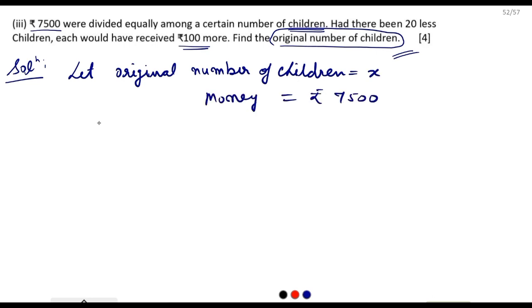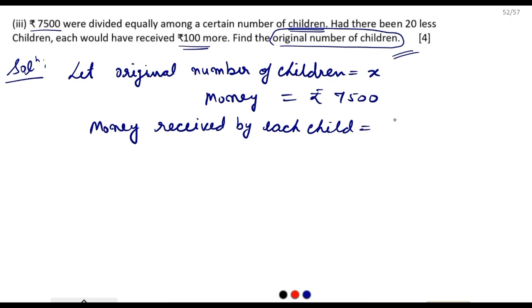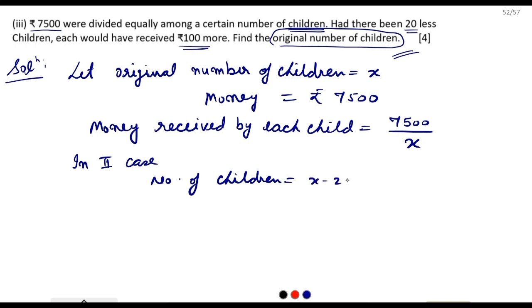Rupees 7,500, it means money received by each child will be 7,500 divided by x. In second case, when the number of children is 20 less, the new number of children is x minus 20.